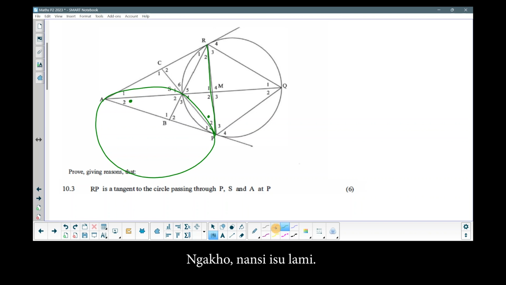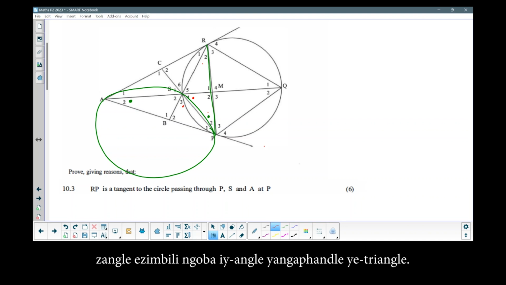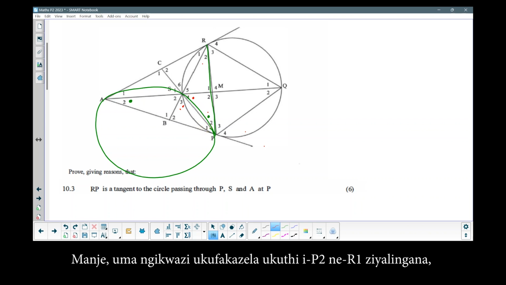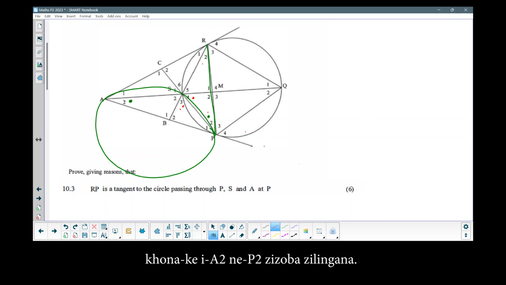So here is my strategy. I know that S3 and S4 are equal to each other. I know that S3 is the sum of these two angles because it's an exterior angle of the triangle. And I know that S4 is actually the sum of those two angles. Now, if I can prove that P2 and R1 are equal to each other, then A2 and P2 will be equal to each other. So here goes.